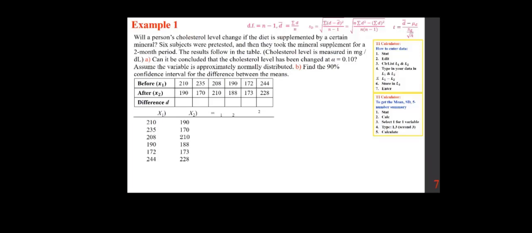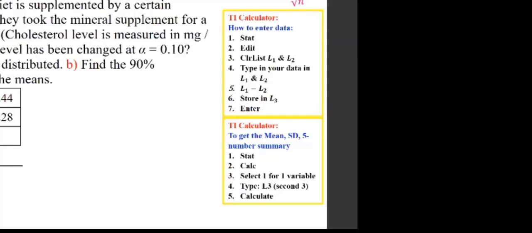As you can see on the right side, I have shown you how to use a TI calculator to make life easy. First and foremost, you clear the lists and you put the information in L1 and L2. Now, what is L1? Before. What is L sub 2? After. And then when you want to do the calculation, it is L1 minus L2 that you're going to store in L sub 3 and enter it.